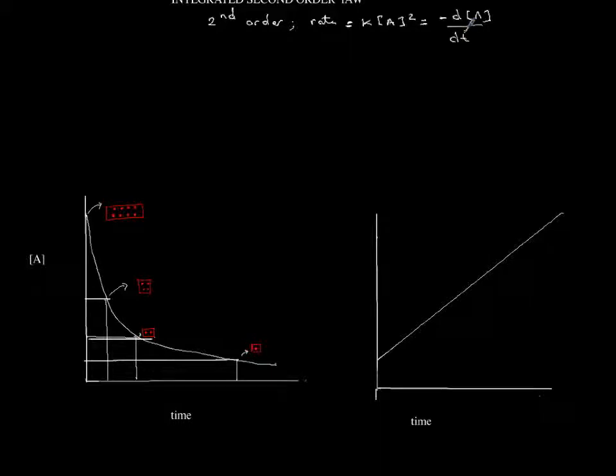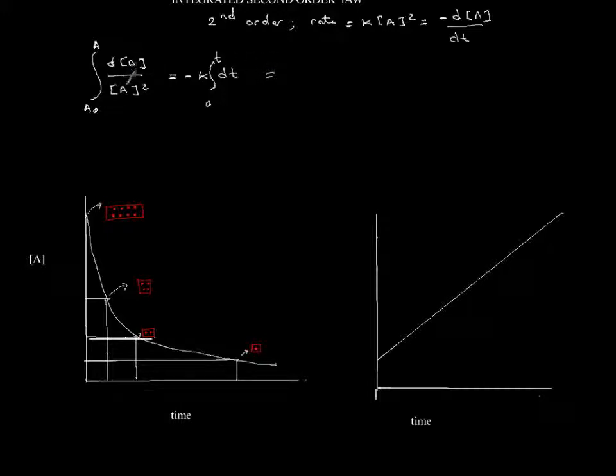So keep dt on the right-hand side and keep dA over A squared on the left-hand side. Take the integral of this side, going from A0 to A, and on the other side you have minus k dt as before, going from 0 to time t.